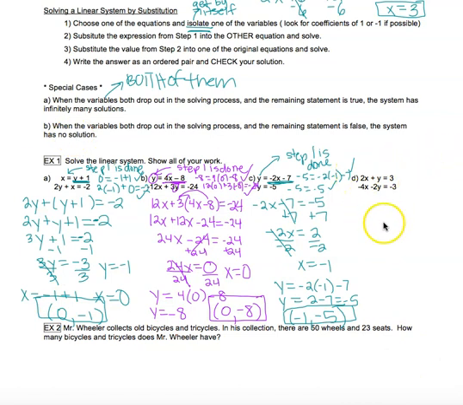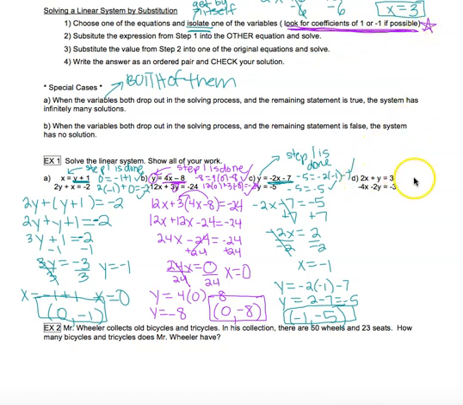Last one in example 1. This is the first time that step 1 is not done for us. So I do not have one of my variables alone already. So here's where this comes into play, this hint. If you want to make your life much easier, you want to look for coefficients of 1 or negative 1.